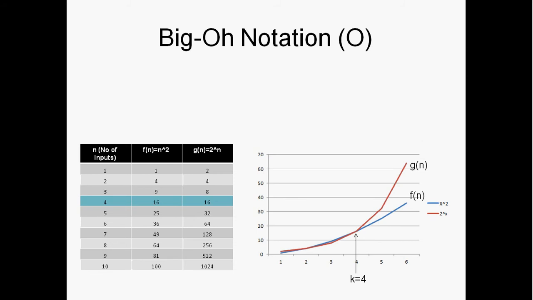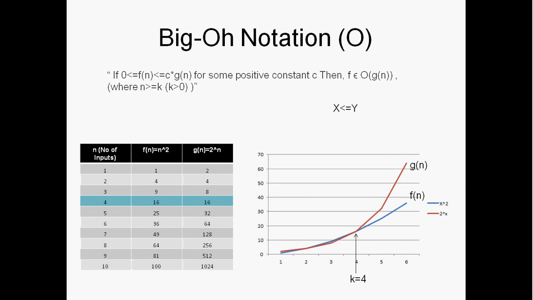If you go through more inputs, it will not change; f would always be less than or equal to g. So in this case you get a less than or equal to relation, so you have big O notation, like f is in the order of g.